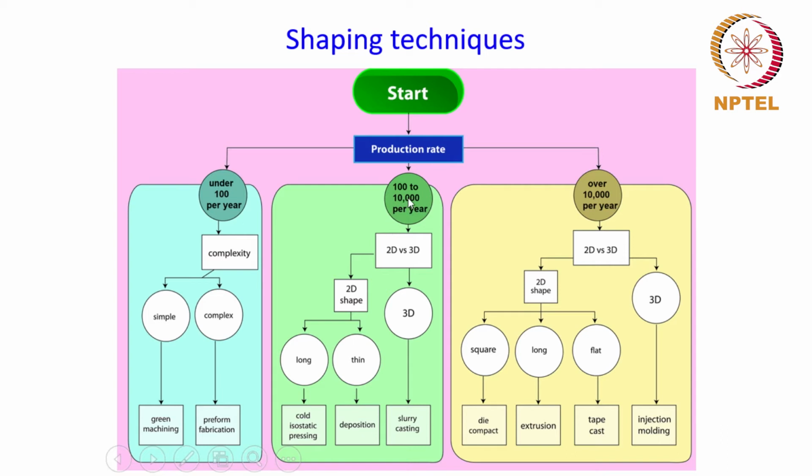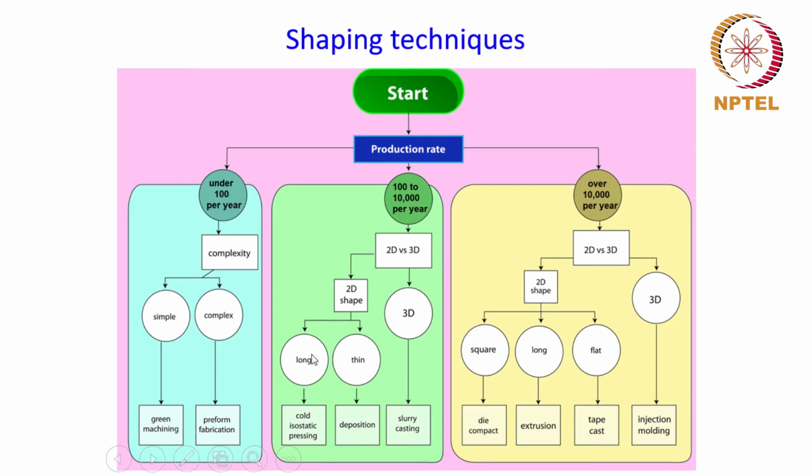And for production rate in the range of 100 to 10,000 per year, the choice of a particular shaping process will depend on the shape of the product, and here you primarily have to look at whether it is 2D or 3D. For the 2D shapes, depending on whether you are talking about a long product or a thin product, a particular process can be selected.